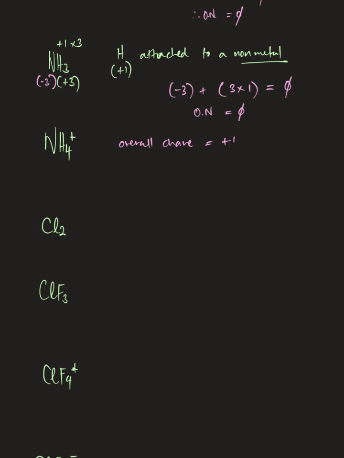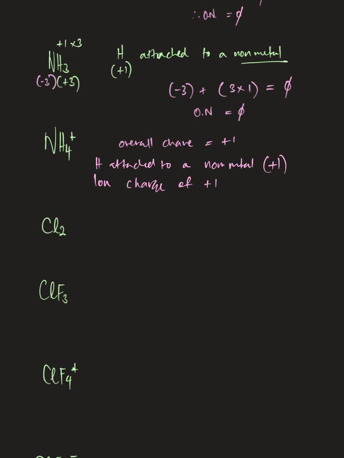Now I have hydrogen attached to a non-metal. So that's also a rule, which means all my hydrogens have to be +1. The ion has a charge of +1, right?